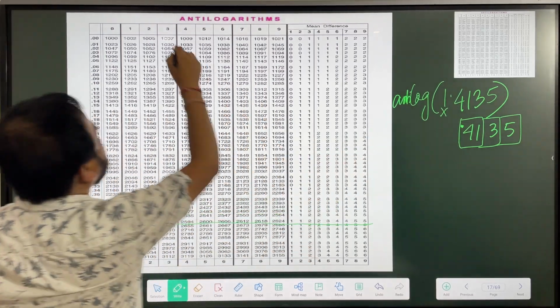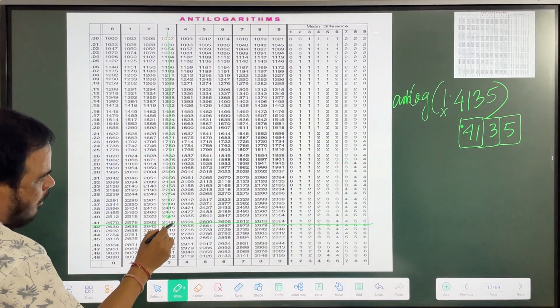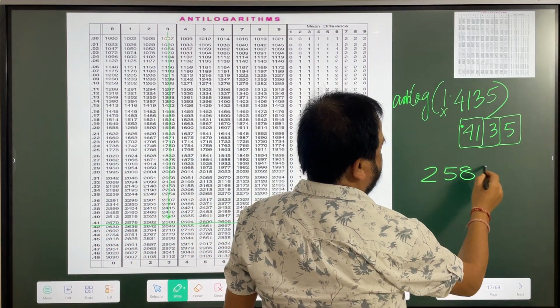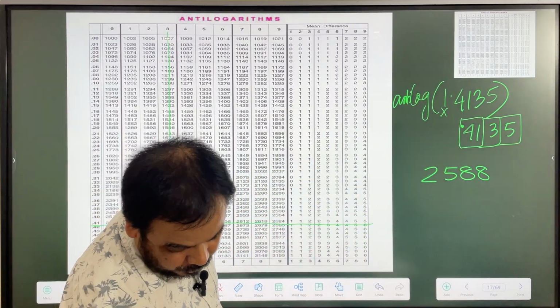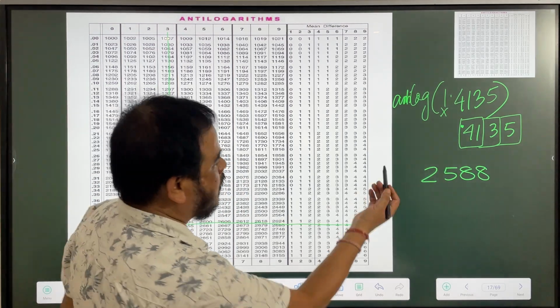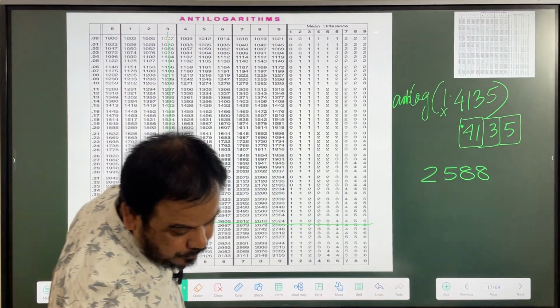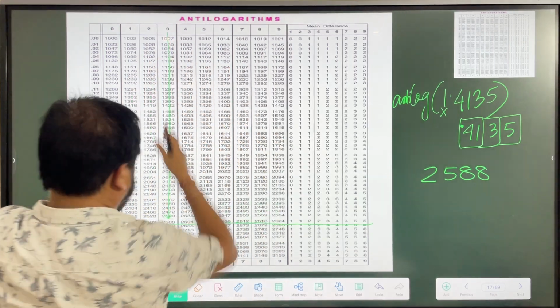Next, 3 is there. So 3, 2588. Here something is a little different because they are taking 5 digits, so you can take 2588, no problem. Then 41 3 we have got.